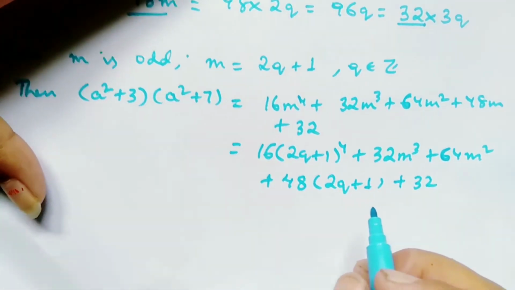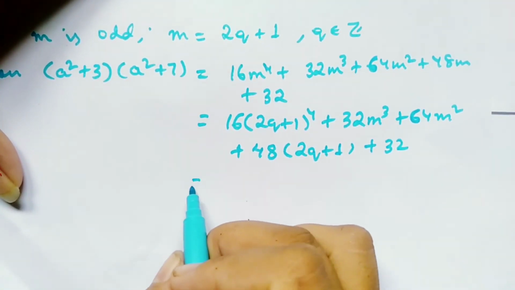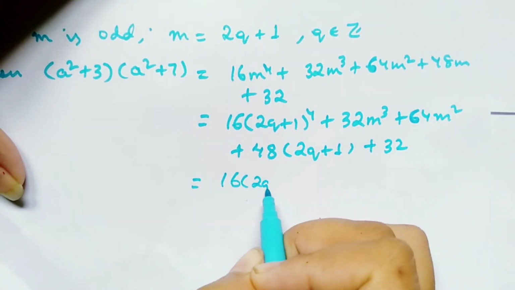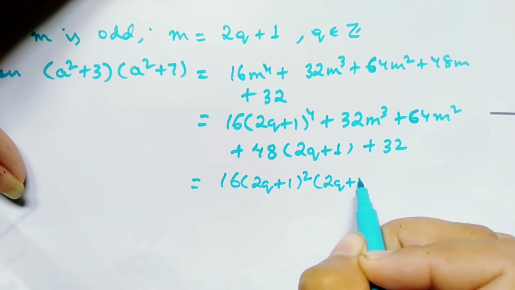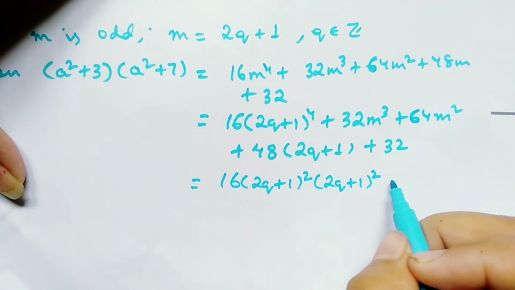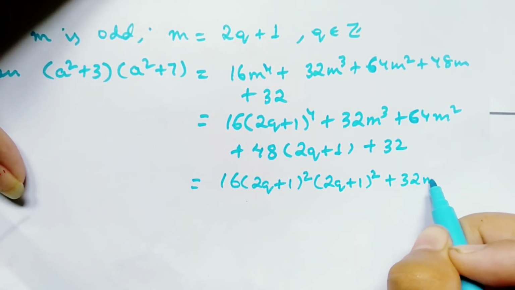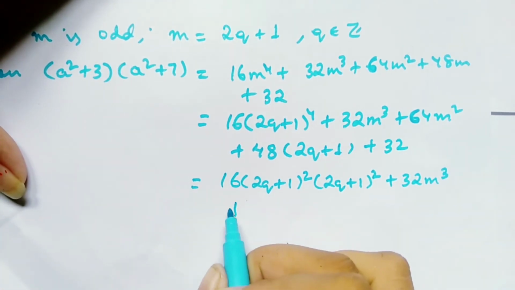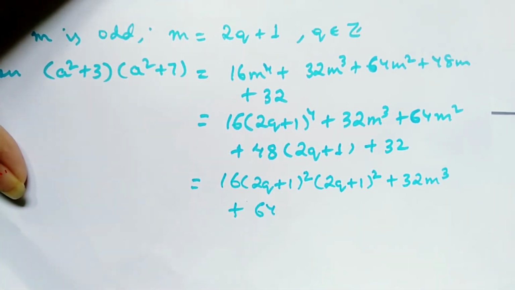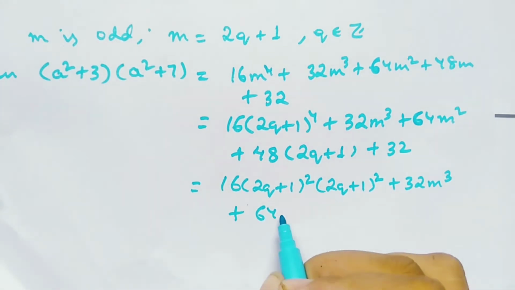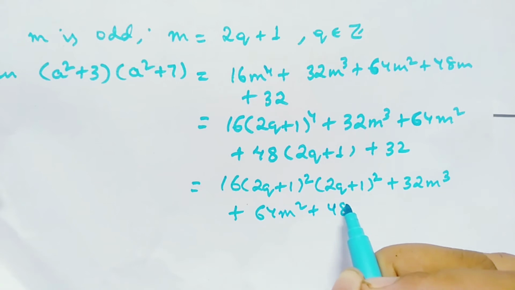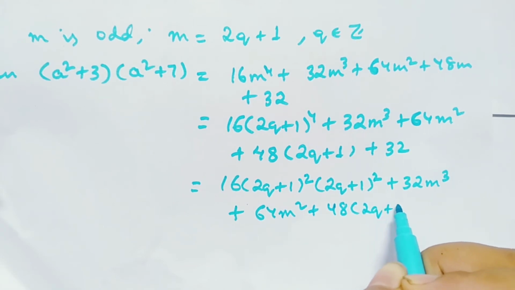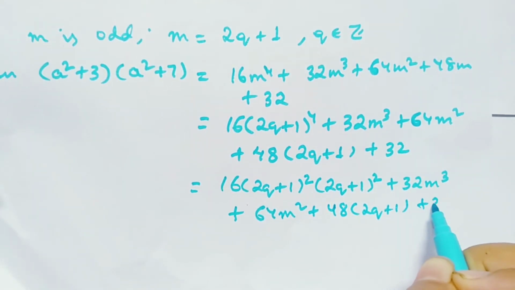Okay, so next, here we have 16((2q + 1)²)((2q + 1)²), plus 32m³ plus 64m², plus 48(2q + 1) plus 32.